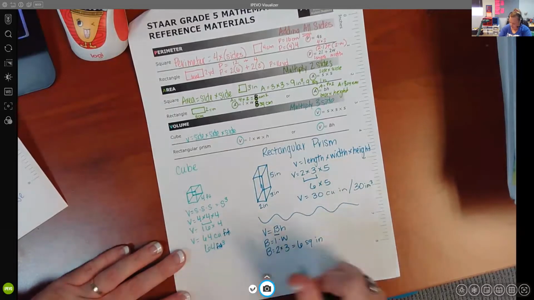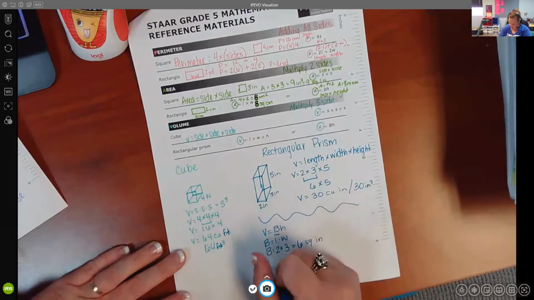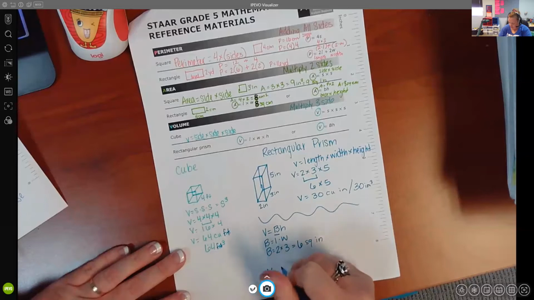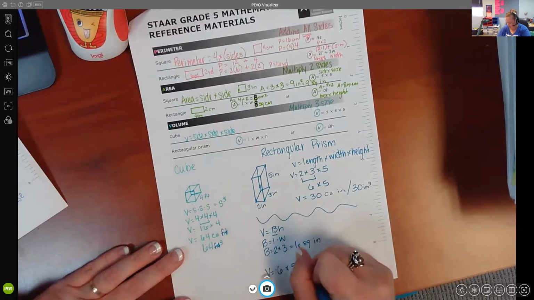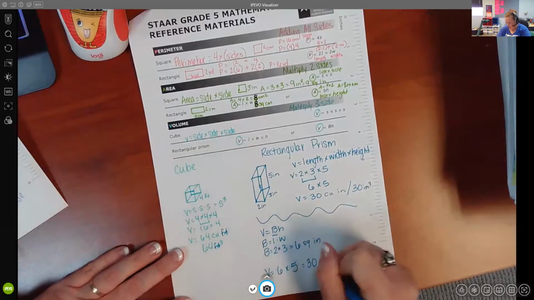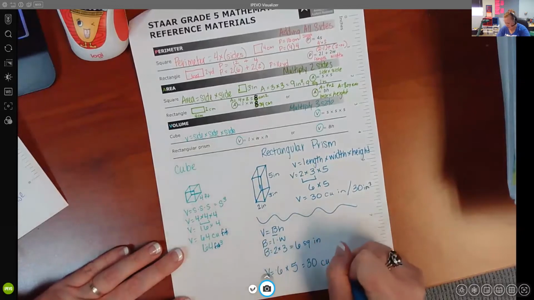And then to finish, to get the H, we just multiply that 6 times the height. So 6 times 5 again gives us 30 cubic inches.